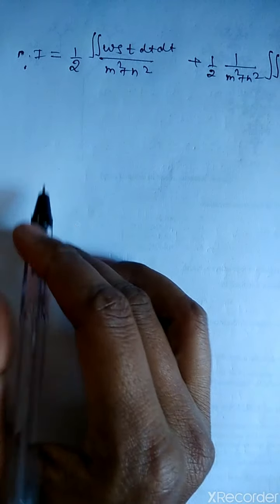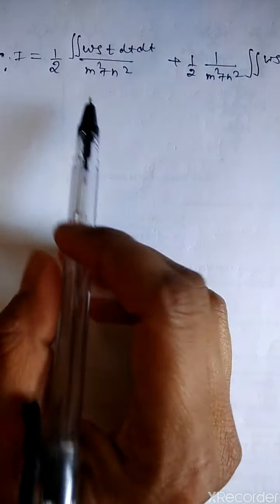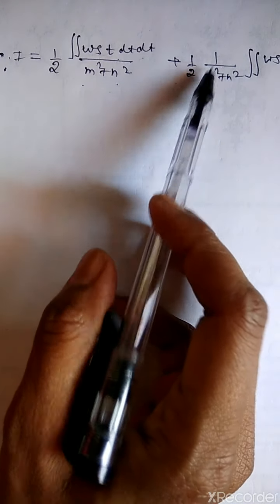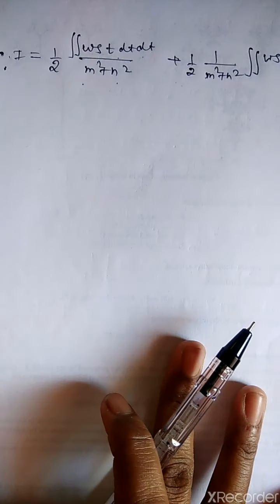Now we have PI as half 1 by m square plus n square double integration of cos t dt dt, plus half 1 by m square plus n square cos t1.